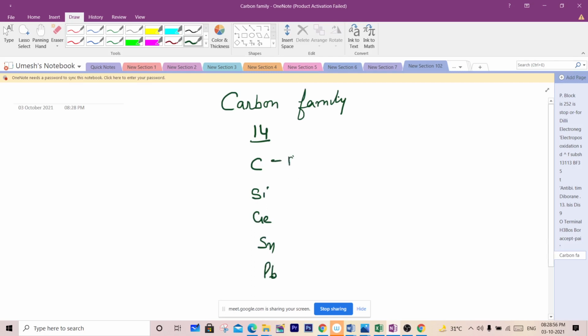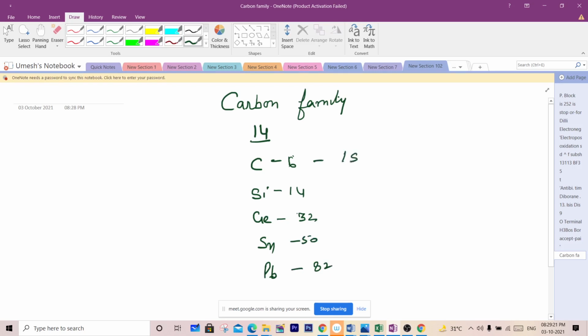Atomic numbers 6, 14, 32, 50, 82. This is the atomic number.